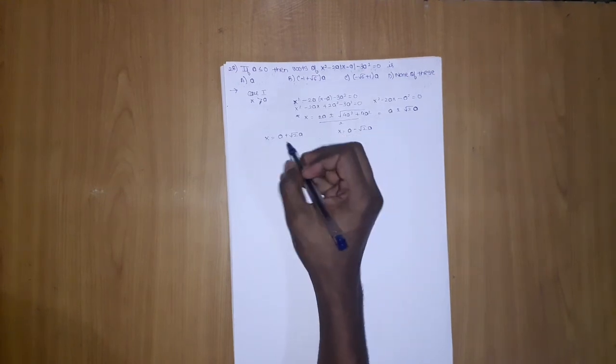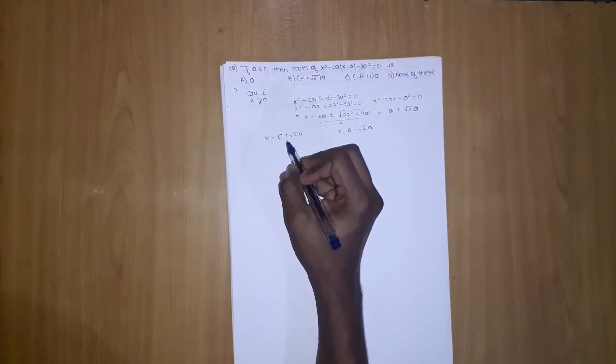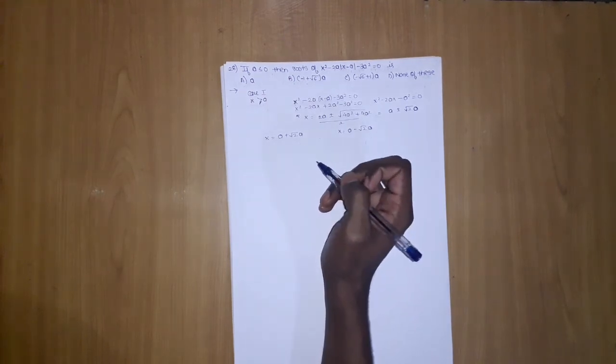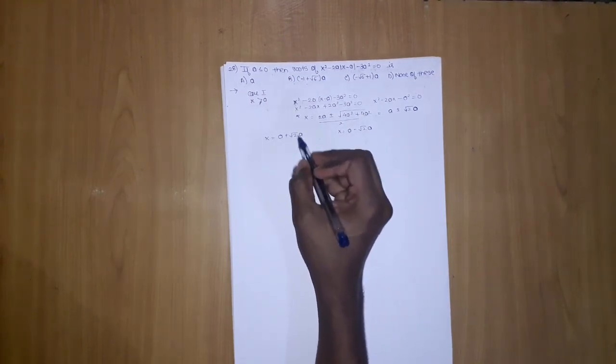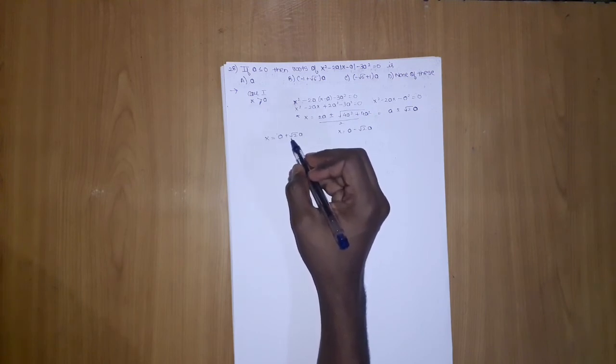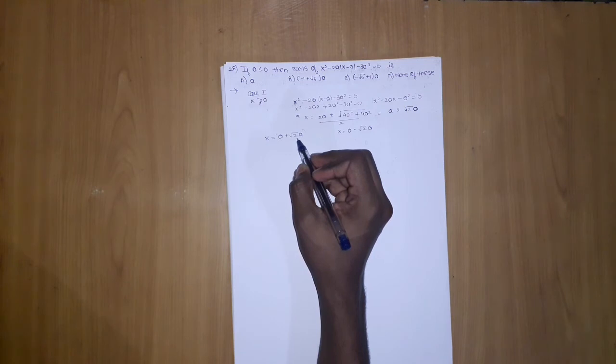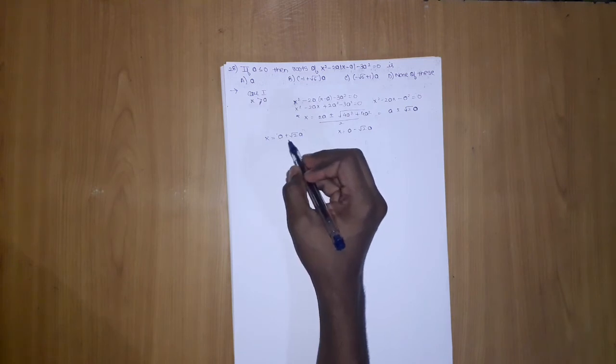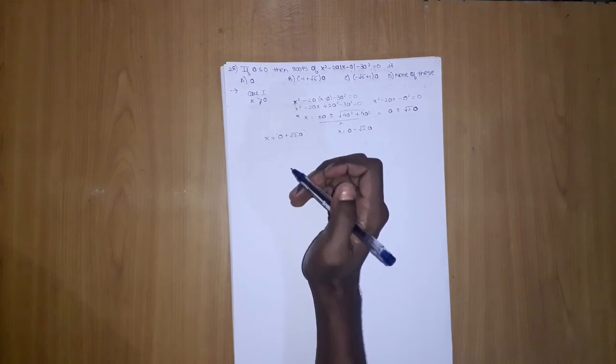So if a is less than 0, this will also be less than 0, so both will be negative. If we take common, this whole will be negative. So can a be greater than this? It will become more negative. Wait a minute.